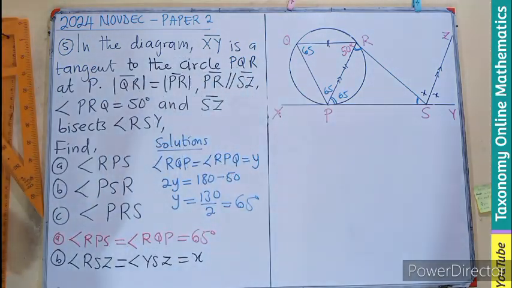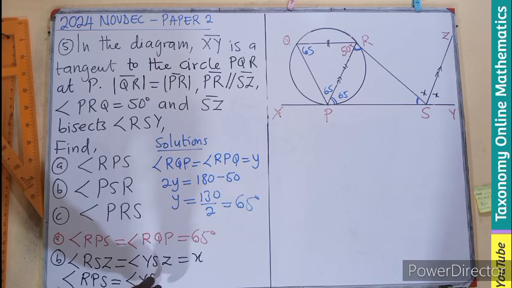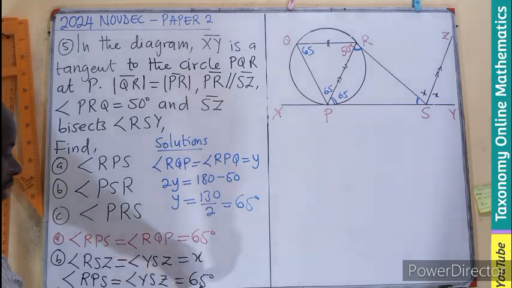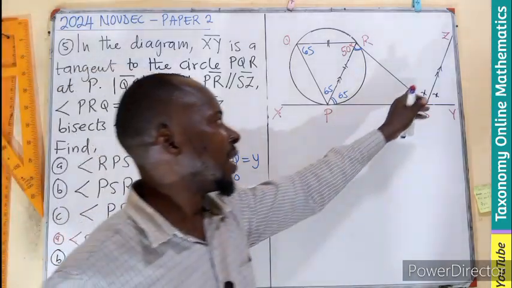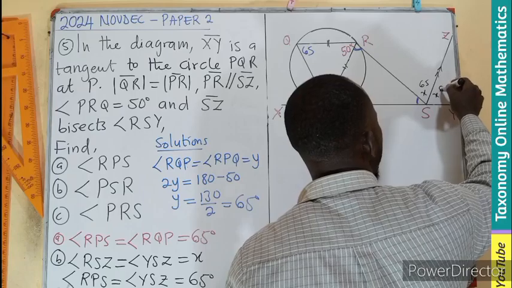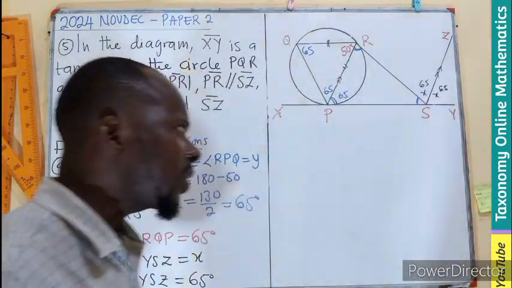So I can say that the angle I have as RPS will be equal to the angle I have as YXZ, which will also be equal to 65. And this being 65 also means that here will also be what? 65. So 65 and 65.